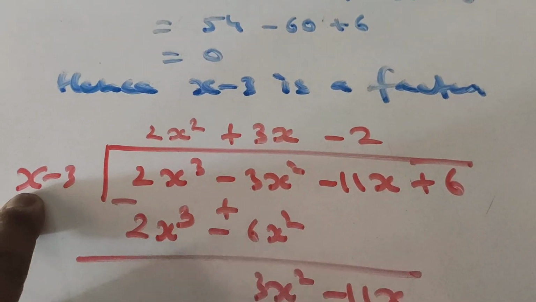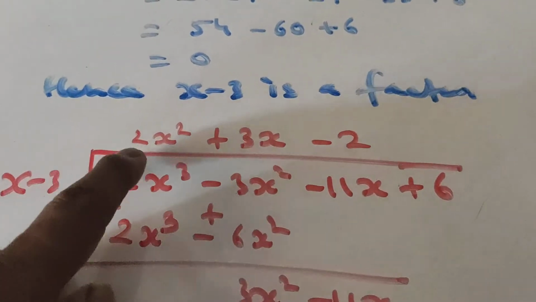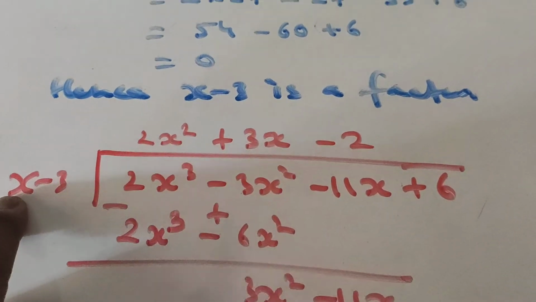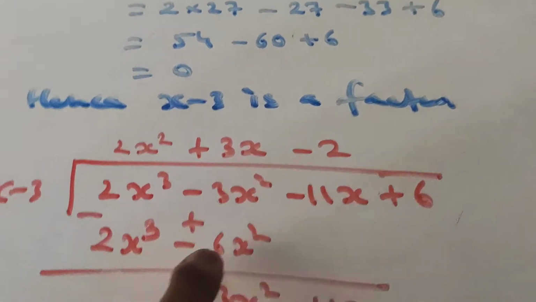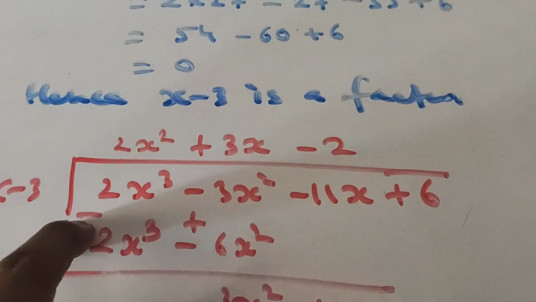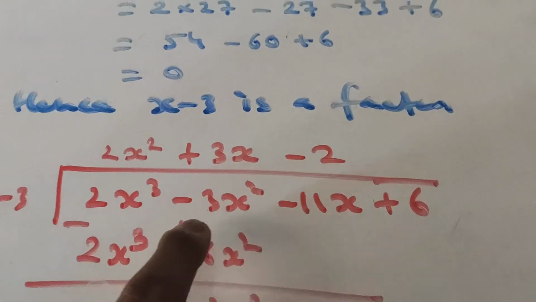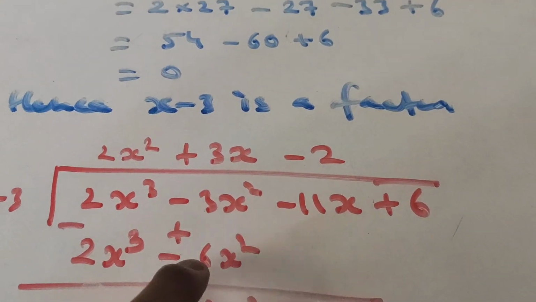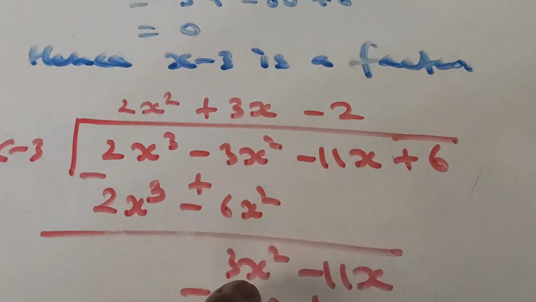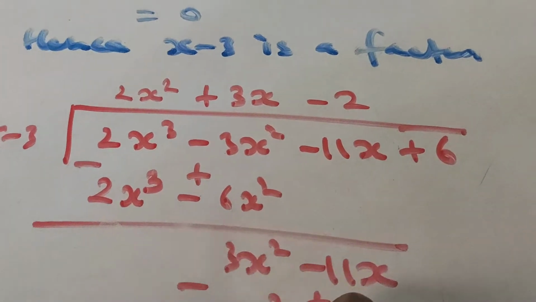So we are multiplying x with 2x square. So 2x square multiplied by x, we get 2x cube. 2x square multiplied by minus 3, we get minus 6x square. In division we are using minus, so these two cancel, minus minus becomes plus, so the new sign is plus. So minus 3 plus 6, we get 3x square. From the above expression minus 11x will come down.